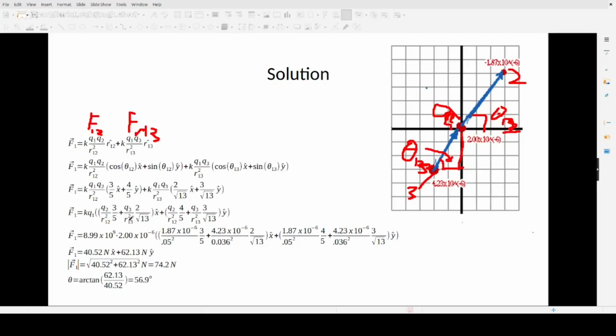Adding this all up, R12 is 5, and R13 is root 13. We know that by the Pythagorean theorem, because this is 3 and 4 here, and this is 2 and 3 here.